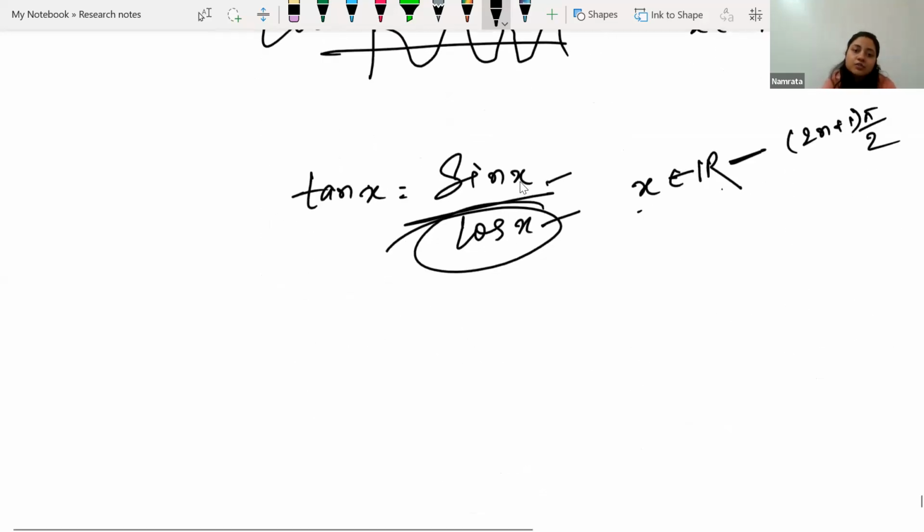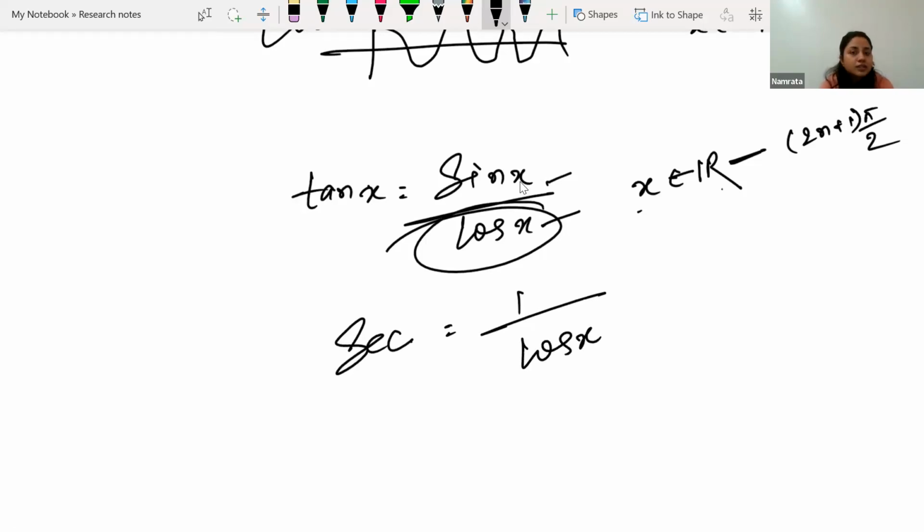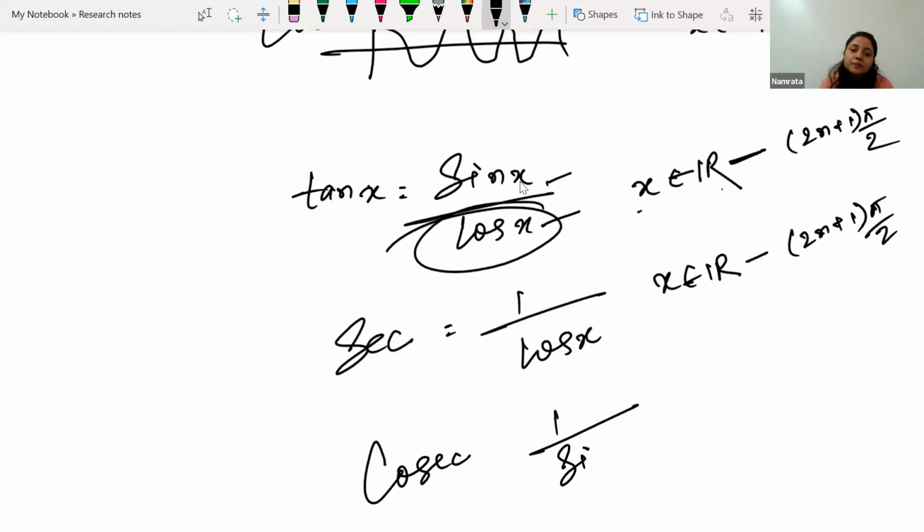Now what about the sec function? Sec function means 1 by cos. Cos is continuous everywhere, but sec will be continuous for all real numbers except the points where cos is 0. So again odd multiples of pi by 2. Now the cosec function, 1 by sine.